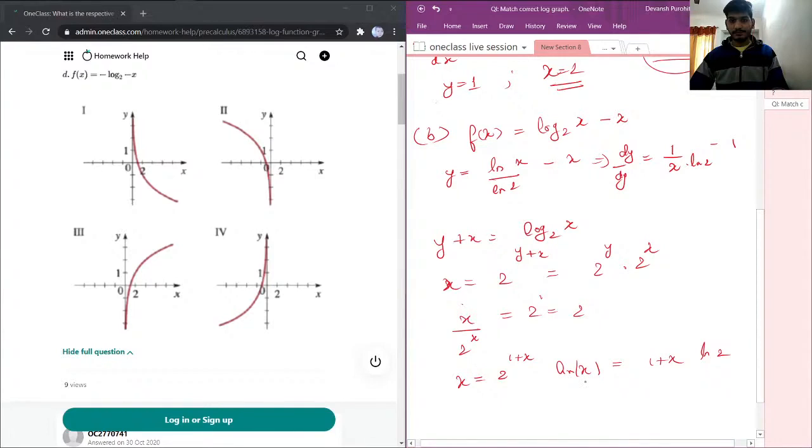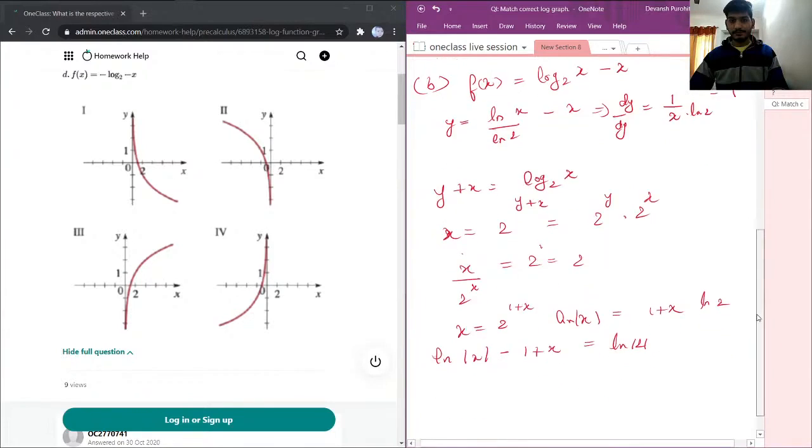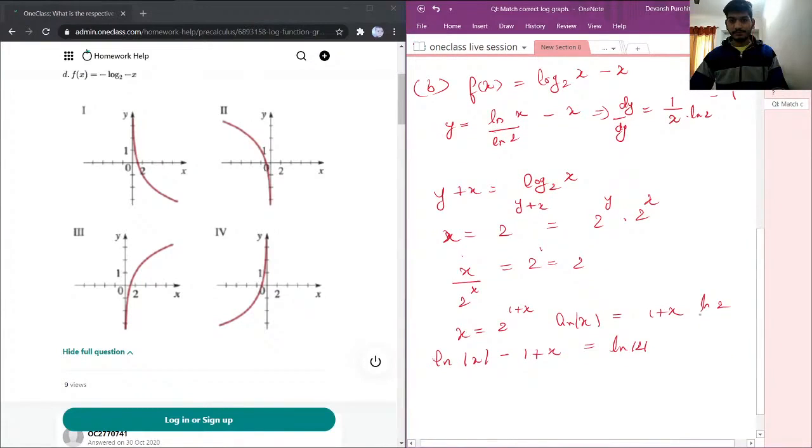Then again I have ln of x minus 1 plus x equal to ln of 2. Oh god, this is a very horrible kind of thing.